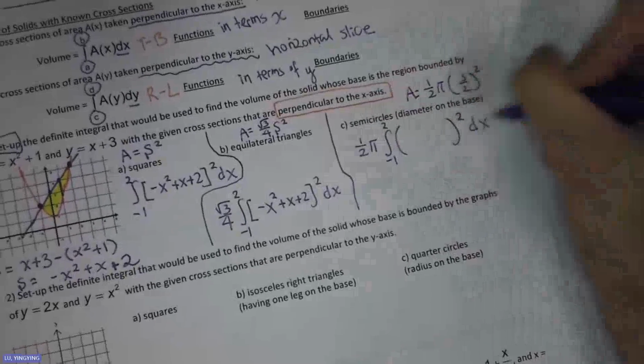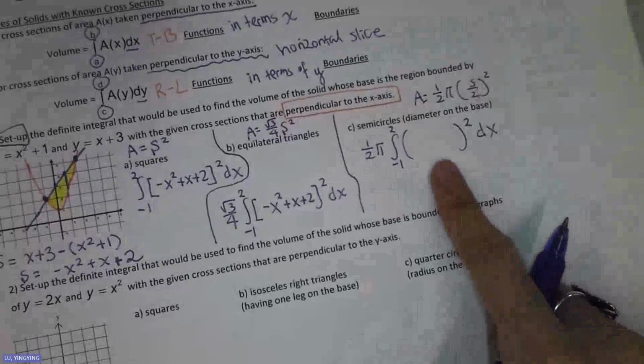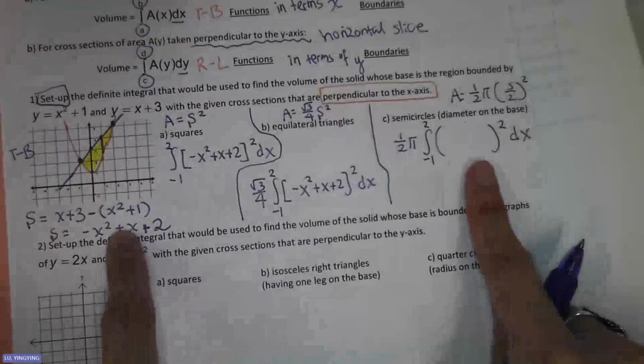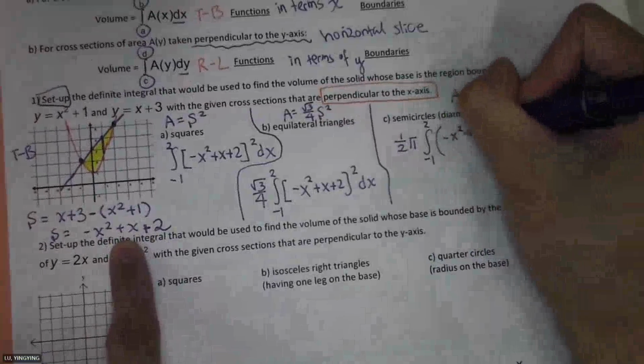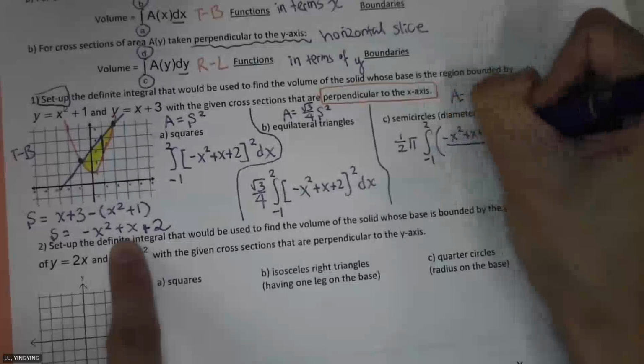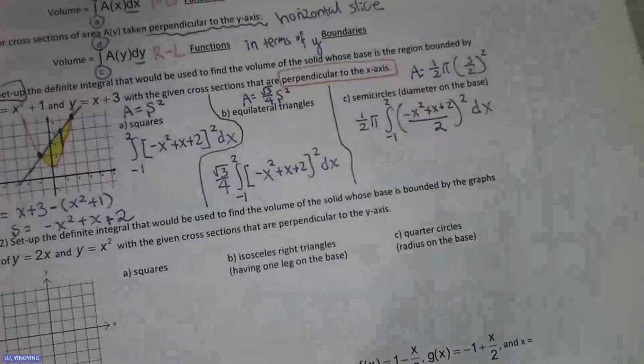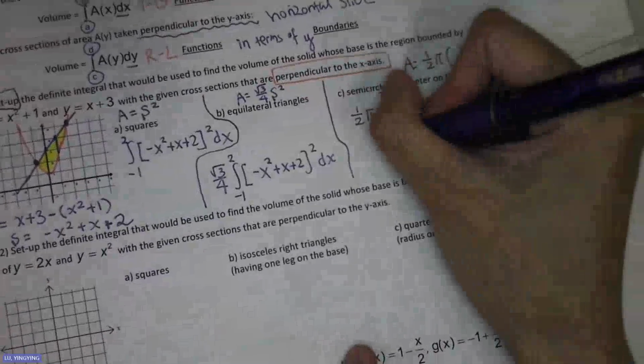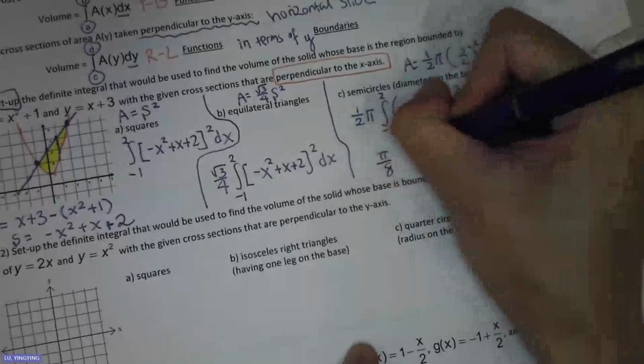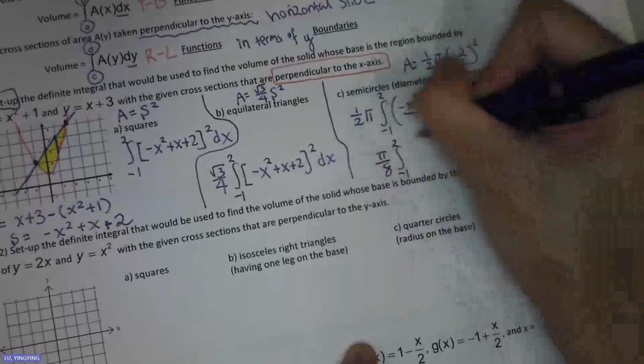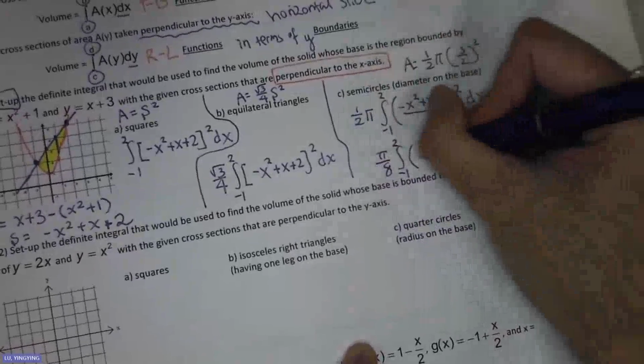Inside here, it will be S divided by 2, which is your top minus bottom divided by 2. Okay, so that can be in your multiple choice. But again, they can also put pi/8, -1 to 2, and then this squared.